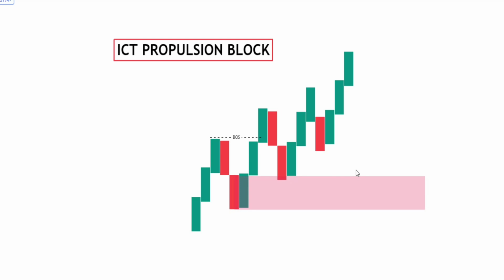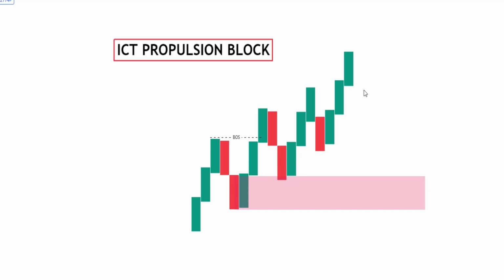So a propulsion block is basically the last sell candle that traded into this particular order block. So this particular red candle you're seeing my cursor on is serving as your propulsion block. At any point, if price comes back to retest it, we expect to see a sudden movement away from this level.